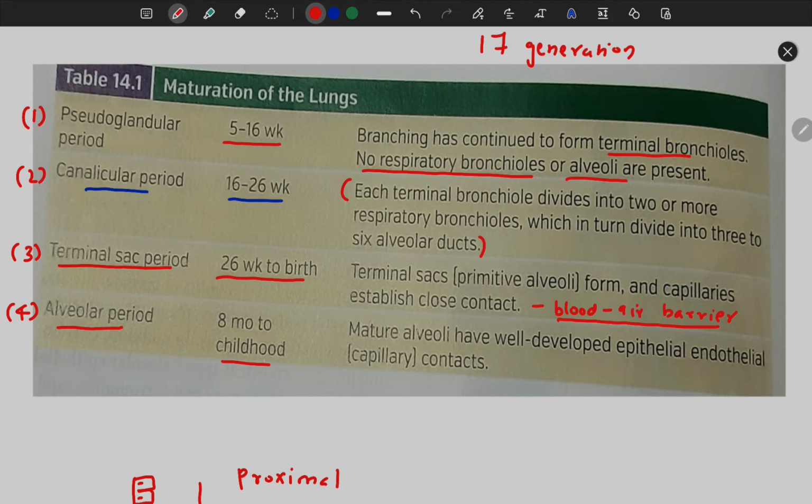Here you can see that the terminal sac stage and the alveolar stage overlap. That is, 26 weeks to birth is the terminal sac stage, whereas the alveolar stage is 8 months to childhood. It can extend even up to 8 years. It is because the alveolar stage is occurring simultaneously with the terminal sac stage.